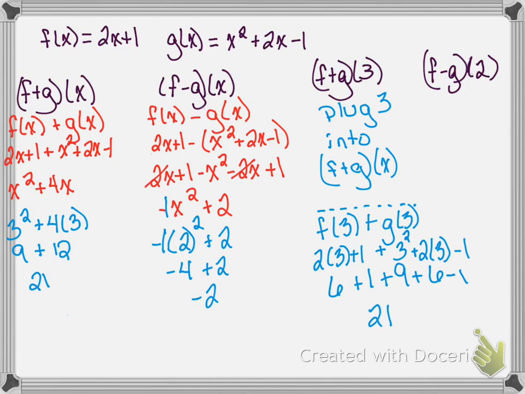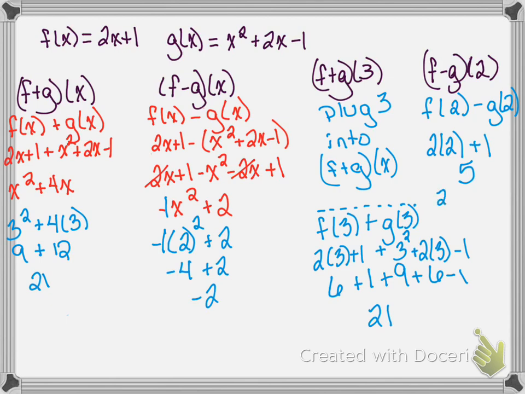Okay? So now, for f minus g of 2, I can also do f of 2 minus g of 2. So f of 2 is 2x, and I'm plugging 2 in for x, plus 1. What's 2 times 2 plus 1? Good. Now I'm doing g of 2.